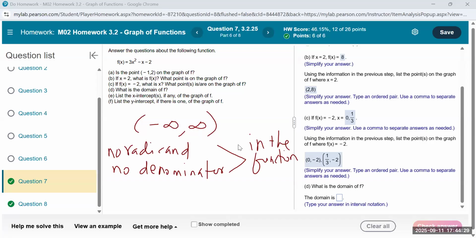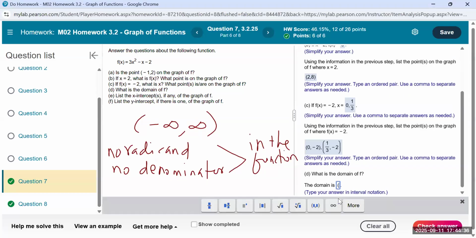So therefore, there is no restriction, and your domain will always be all real numbers. So we have negative infinity and infinity.